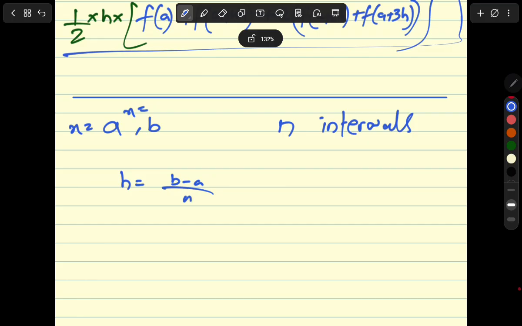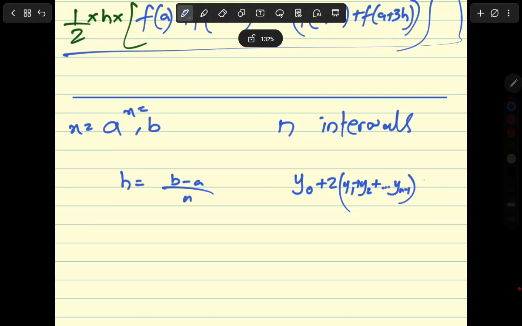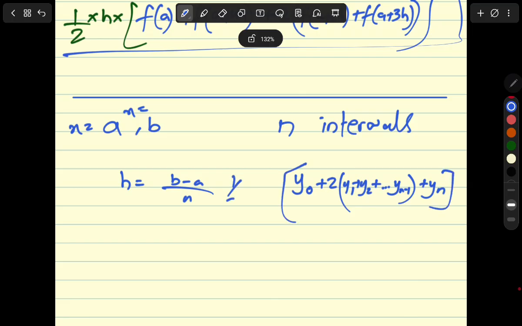The first coordinate is y naught, the last coordinate is yn, and all the rest will be twice of y1 plus y2 all the way to yn minus 1, and yn is counted once. And half into height is this, b minus a upon n. And that's it.